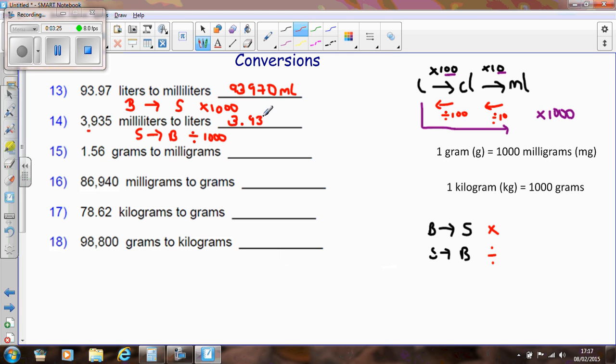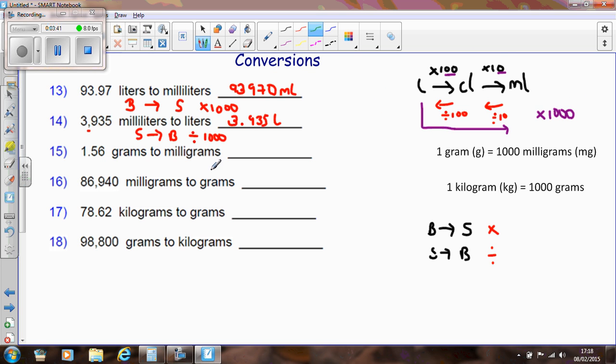And the answer is going to be in litres, because that's what we're changing into. Okay, so that there is an example of changing between units of liquid.